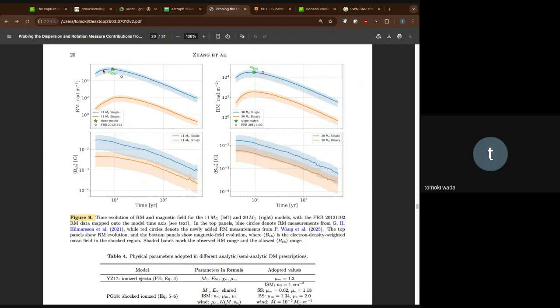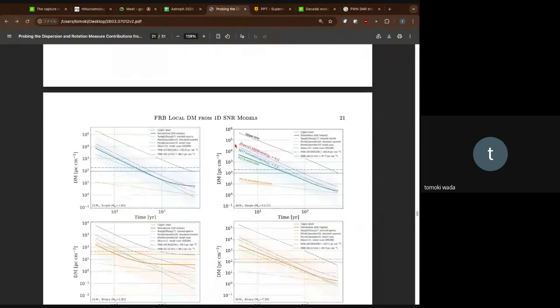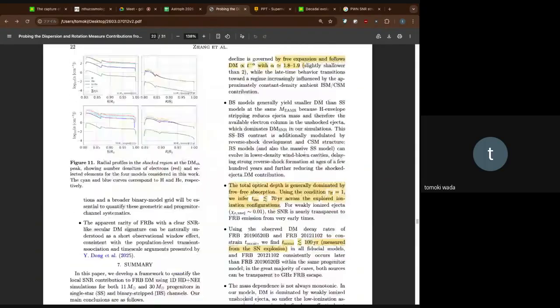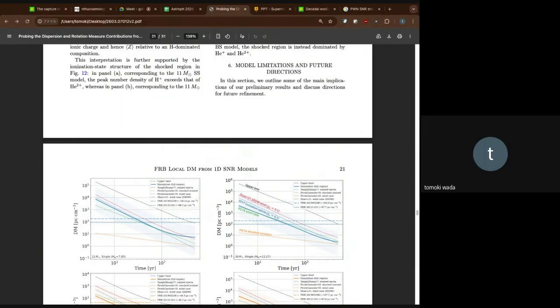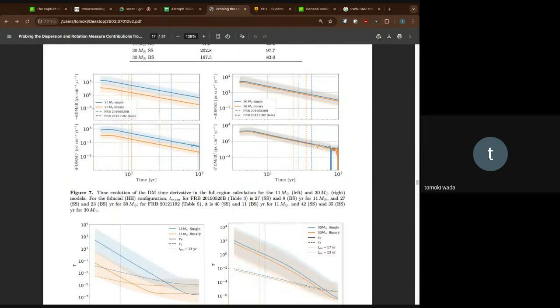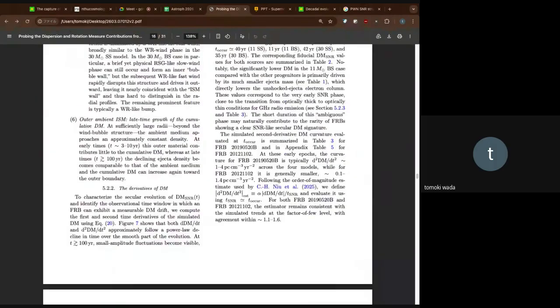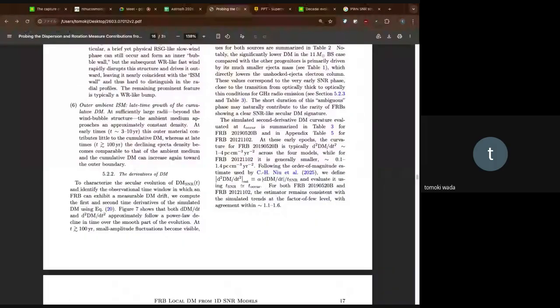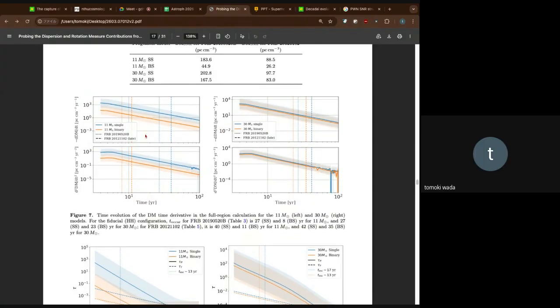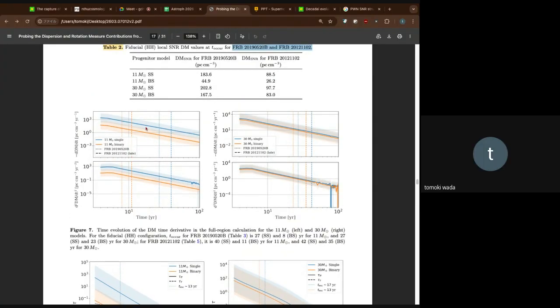This is the fitting of the rotation measure evolution of this FRB. There should be the dispersion measure evolution too, but sorry, I missed the comparison between observations and simulation. But they calculate the time evolution of DM dot, something like this.